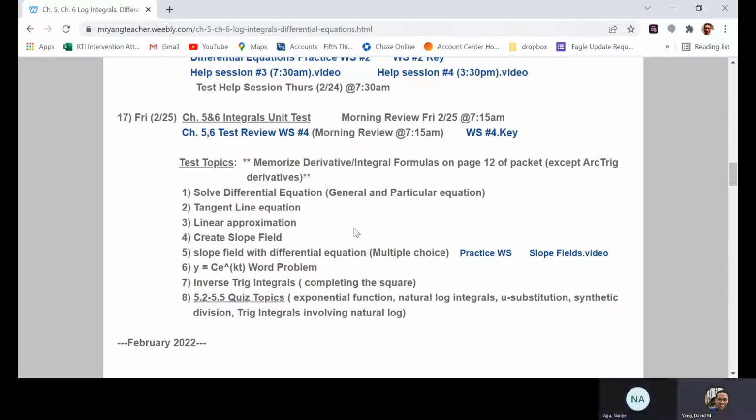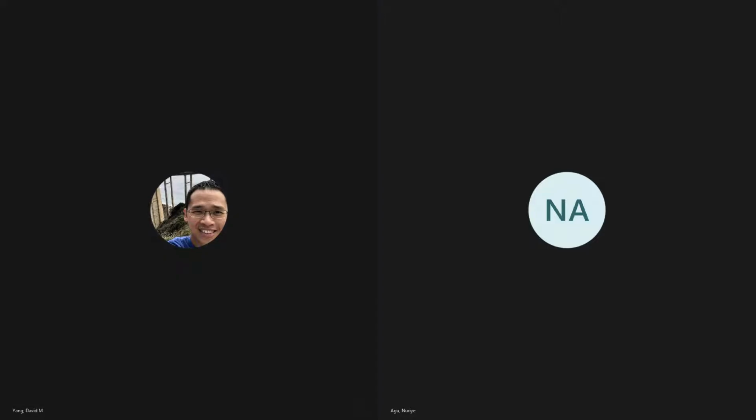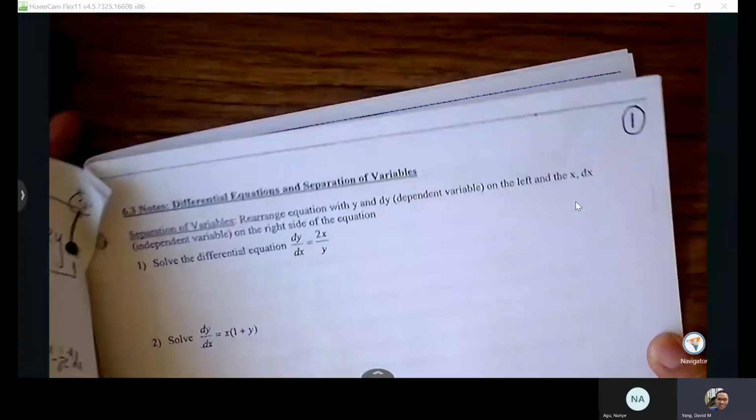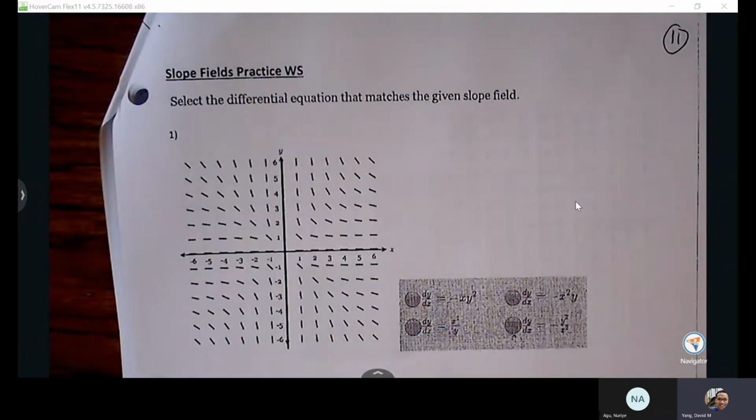Okay, so this is on page 11 of the packet. We can just kind of go through a bunch of them here. So page 11, this is from the 6.3 packet. So if you go to that 6.3 packet here, okay, let's see.